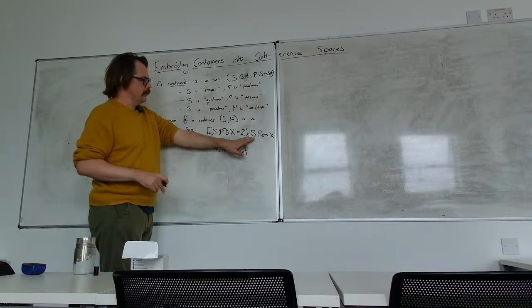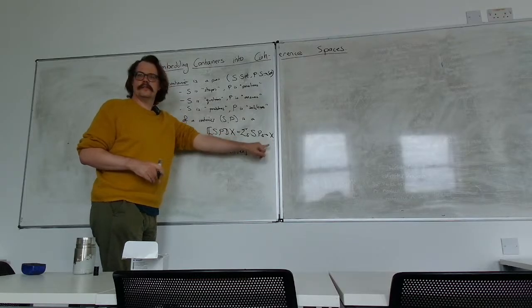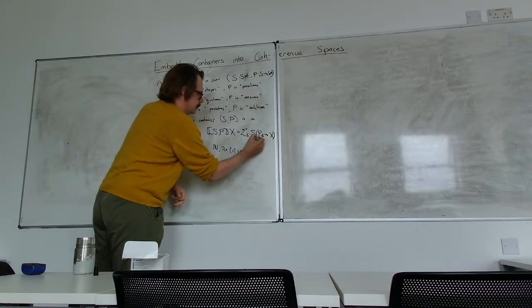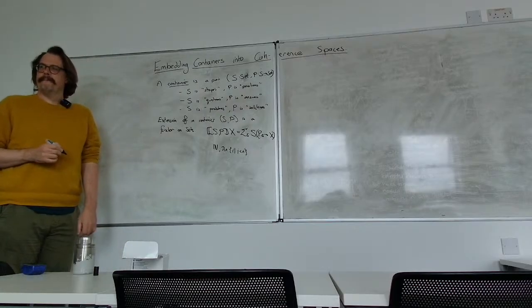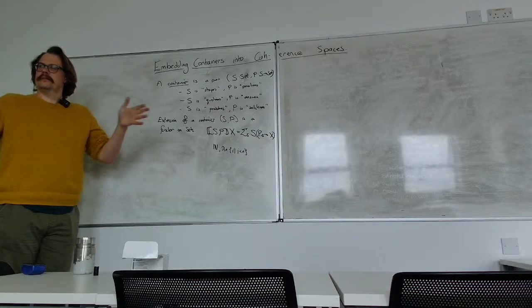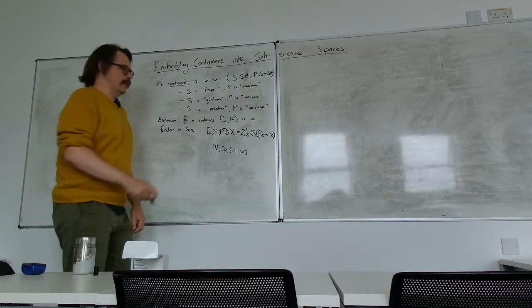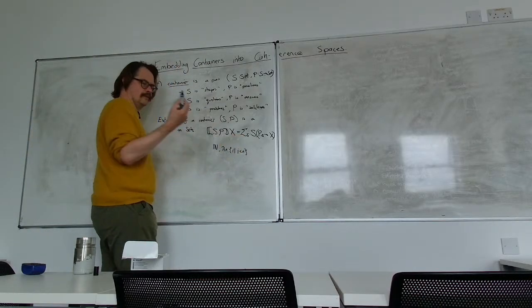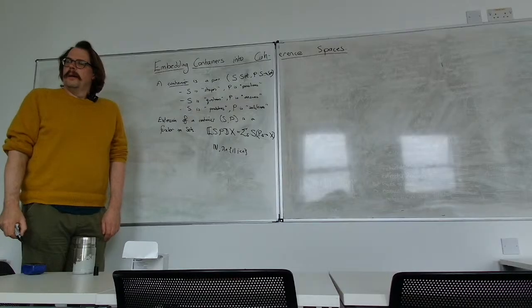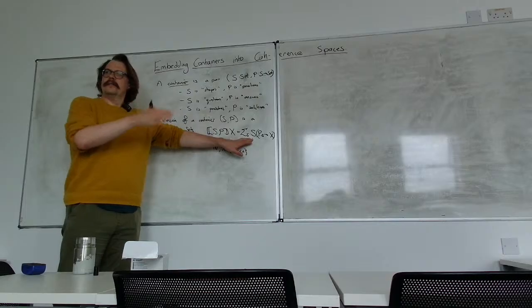So this is a pair of a shape in S and a function from P of S to X, summing over all the values in big S. So you can think of it as if this had 3 elements. This is a coproduct over all the values of big S.